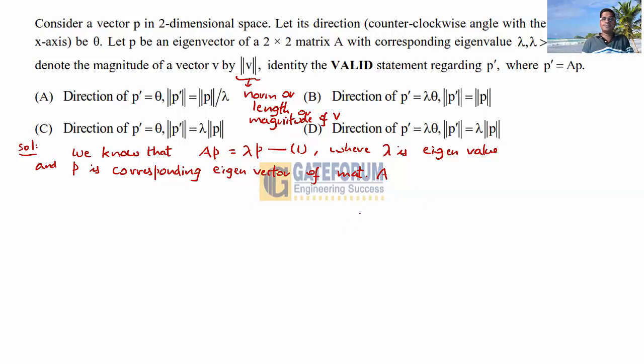Now, this A is 2 cross 2, and we want the magnitude of P dash.